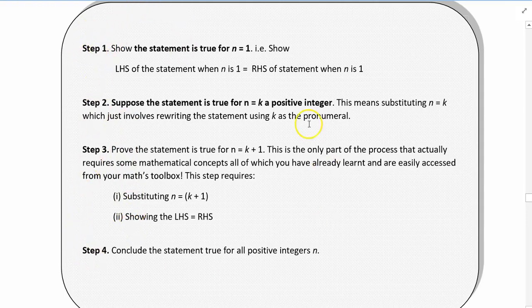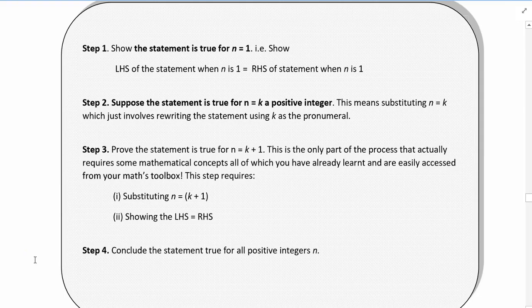If you just glance at this, you can see, yep, step 1, step 2, step 3, step 4. If a marker sees something presented in that format, they're going to know that you've got the process down pat. 4 steps. So the first thing you master is getting the presentation correct.